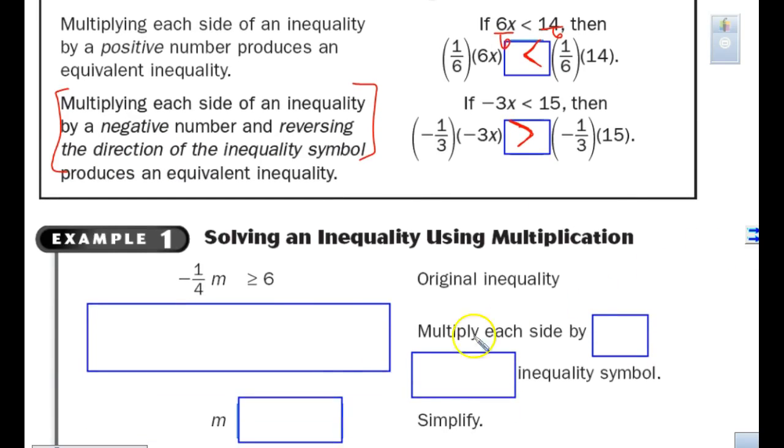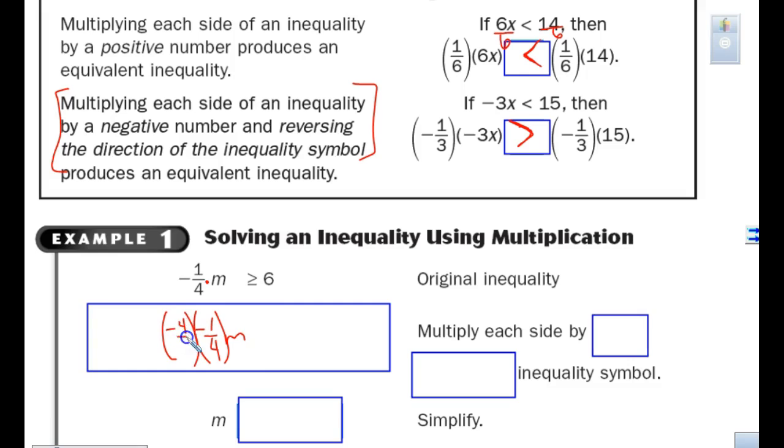So when we look at this problem, and it says a negative 1/4 times m. The inverse of multiplying by a negative 1/4, sometimes people think I should divide. We don't want to divide. We want to multiply by the reciprocal. So we're going to put negative 1/4 m. What is the reciprocal of negative 1/4?